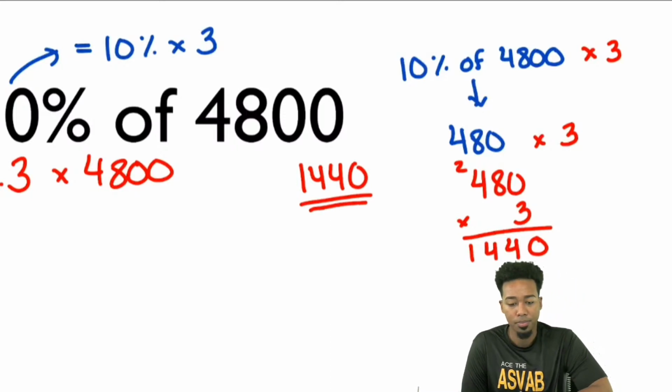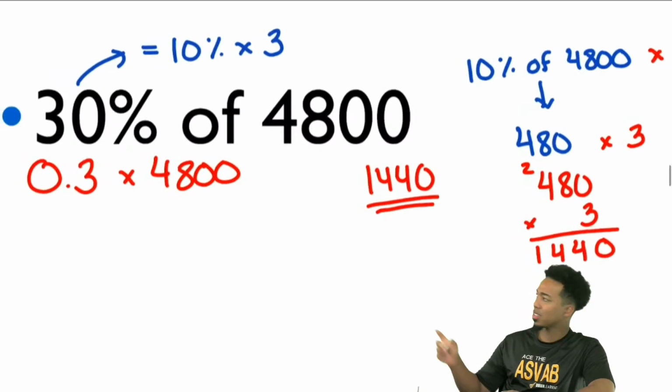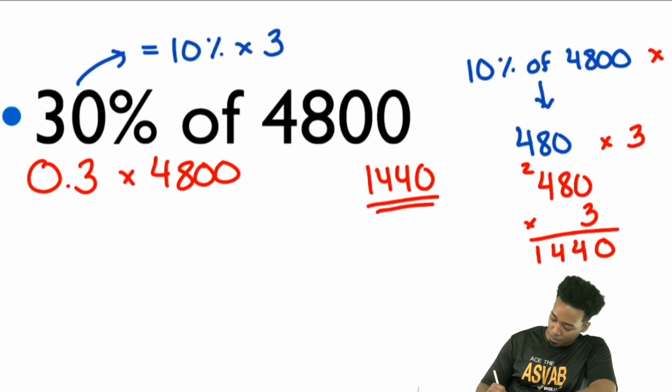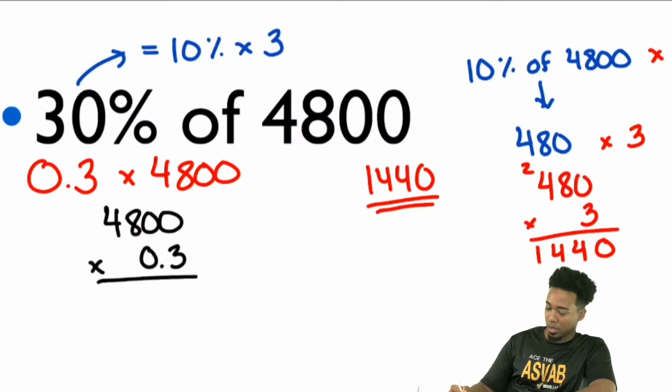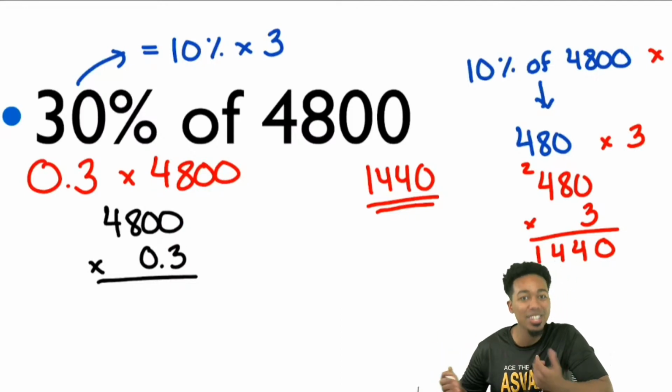And you're good. Or, again, you can do it the straightforward way. This is still A-okay. 4,800 times 0.3. Take a look at the similarities here. Just missing the extra 0, but you're also missing a decimal. You have the decimal with the extra 0. It's going to cancel itself out anyway.